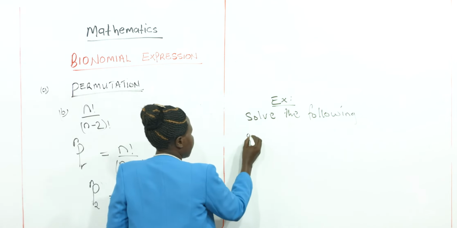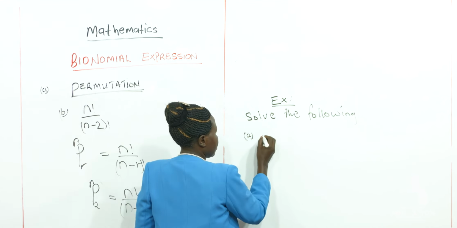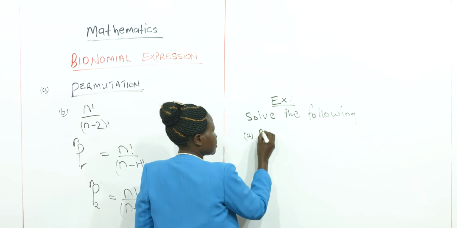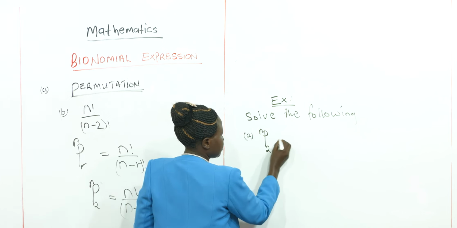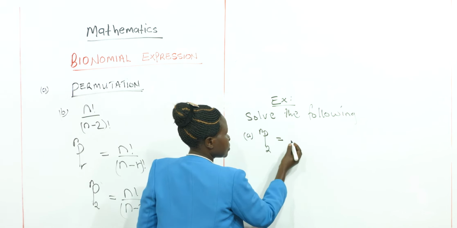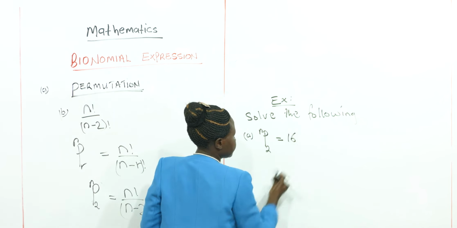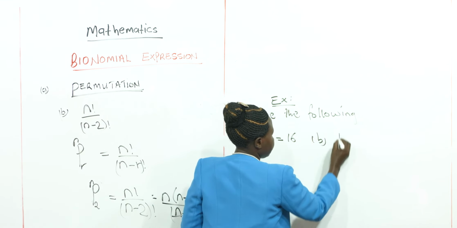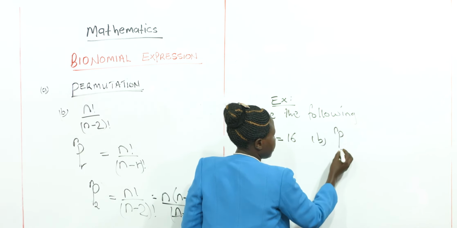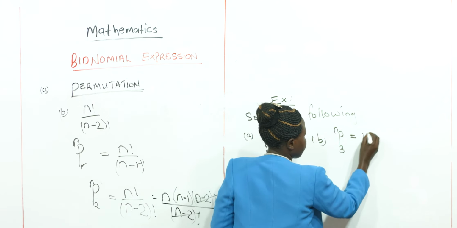We have A, P raised to n base 2 equals 16. B, we have P raised to n base 3 equals 120.